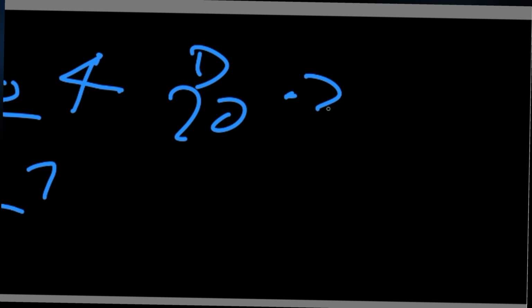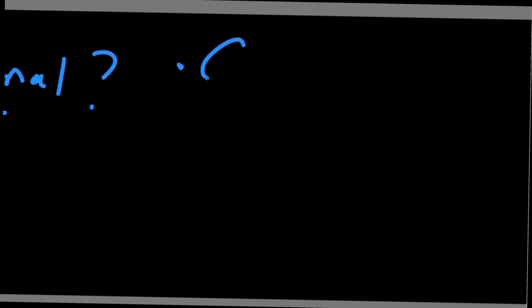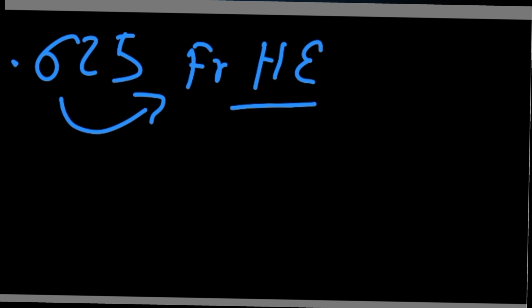Let's do hexadecimal for now. Let's say we have got the number 0.625. Let's convert this fractional decimal into fractional hexadecimal. What do we do? I will give you a table that will make this calculation really easy.